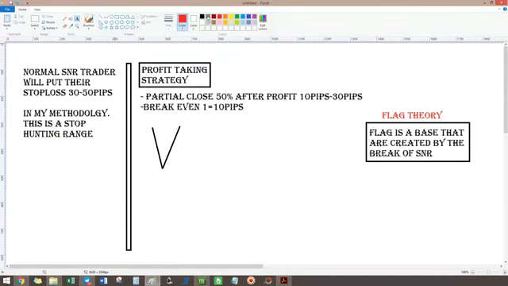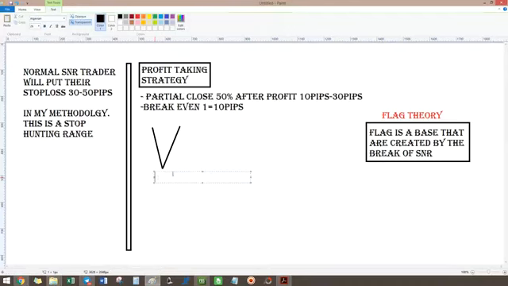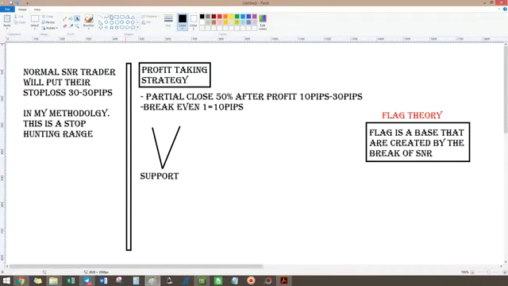So over here you have support, and this will be your support level. Mark it in red.